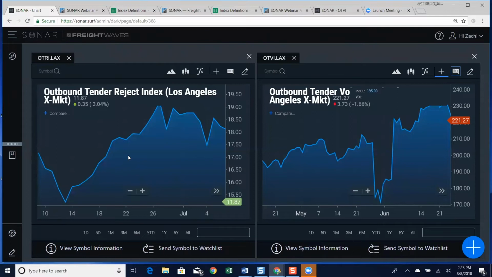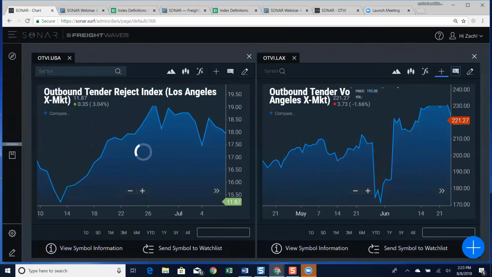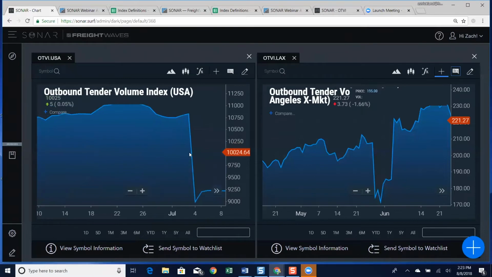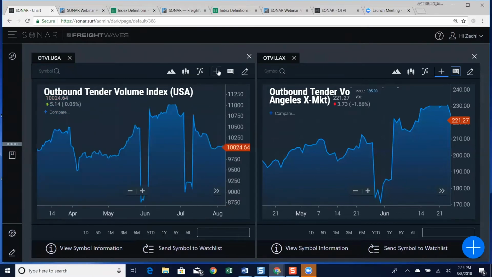And I'm estimating what that number is, because I believe that the outbound tender volume for the country was probably higher in May as well. We might as well go ahead and pull it up just to see what the May values were in the overall. So May, I'm going to go over here and pull up my little information ticker. So yeah, May volumes actually up until about mid-May were underneath what they were. So they were about almost 2% lower in early May versus what they were on March 1st, which is kind of unusual.